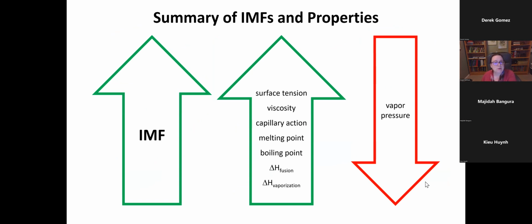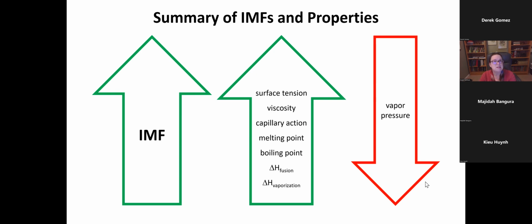When intermolecular forces, IMF, get larger, almost all the properties get larger: surface tension, viscosity, capillary action, adhesion and cohesion. And all those new ones, melting point, boiling point, heat of fusion, heat of vaporization, all increase when the forces get stronger. Those all take more energy when the molecules are being held more tightly together.